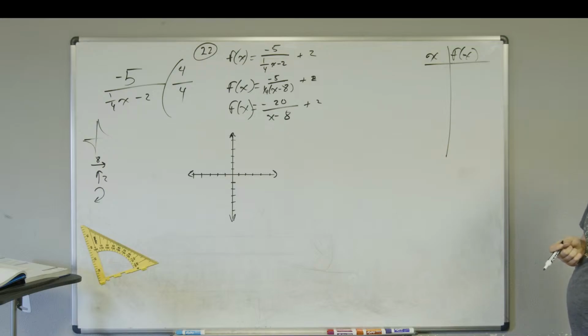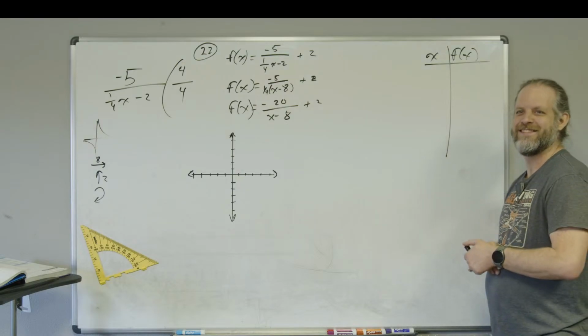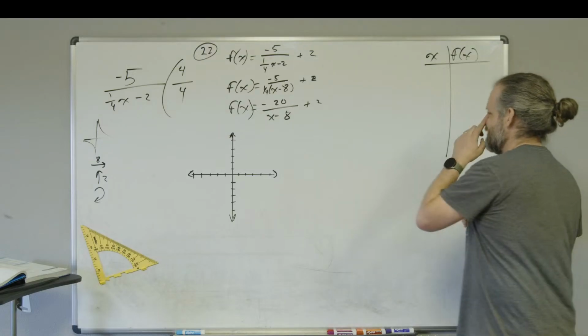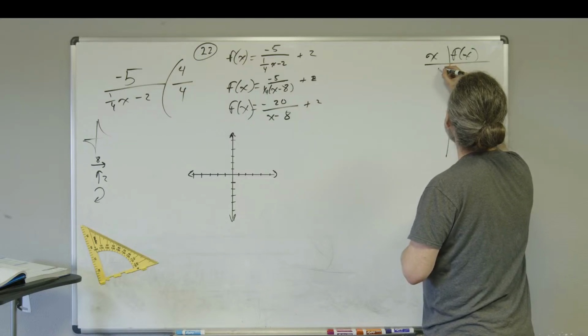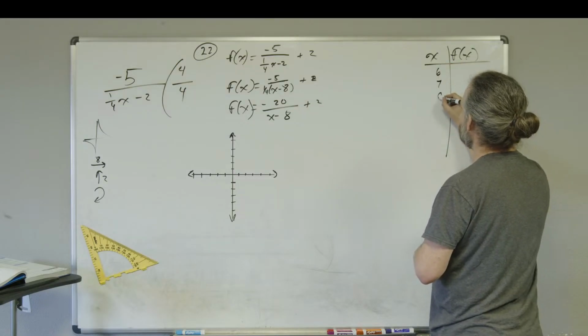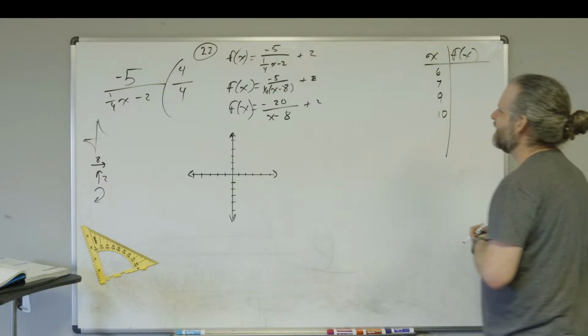What do our numbers want to circle around? Which asymptote? That's the up and down one. Around the 8. So what numbers do we want to put in? 6, 7, 5, 4, 3, 2. How about that?